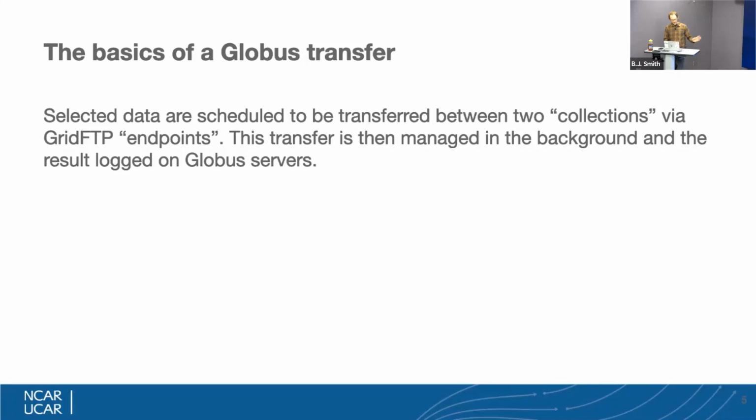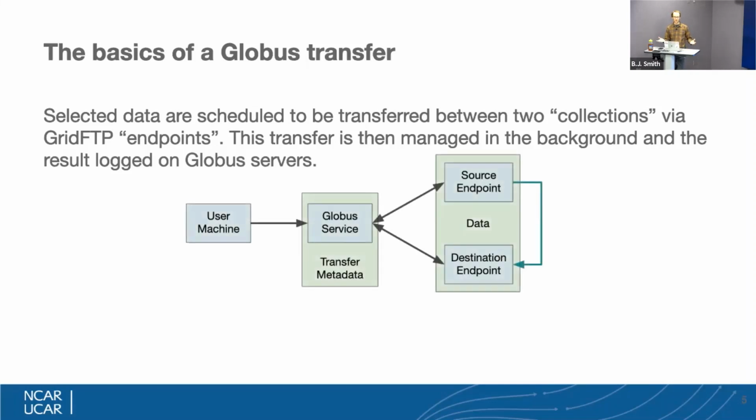This transfer is then managed in the background and the result is logged on the Globus servers. So all the information pertaining to the transfer is stored in the cloud on the Globus service. And that's why it's accessible in multiple ways, in multiple places.